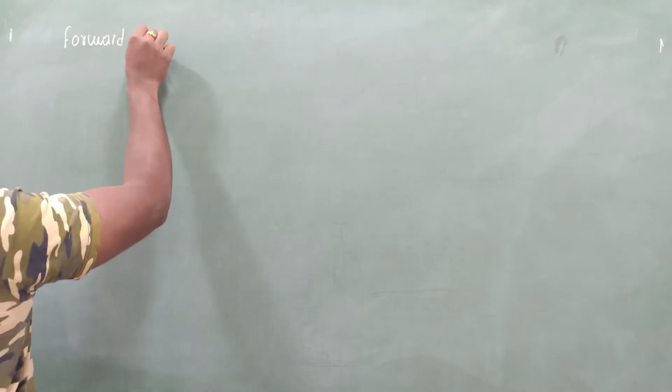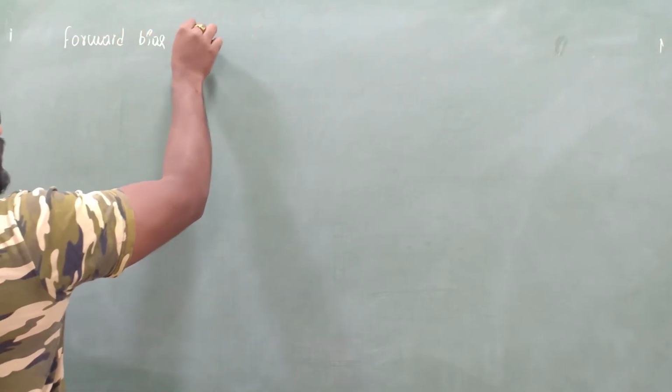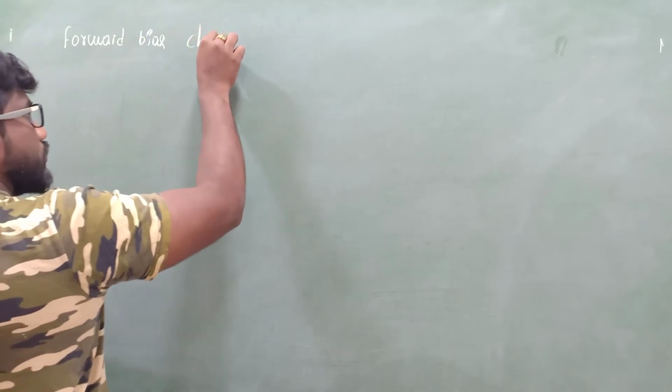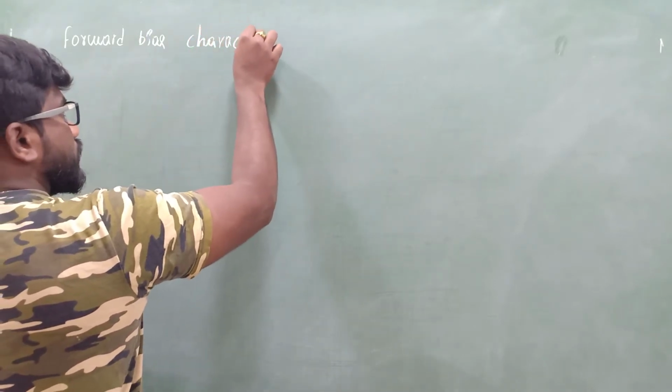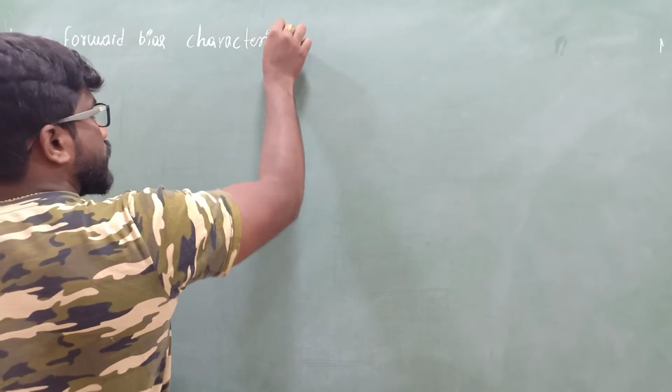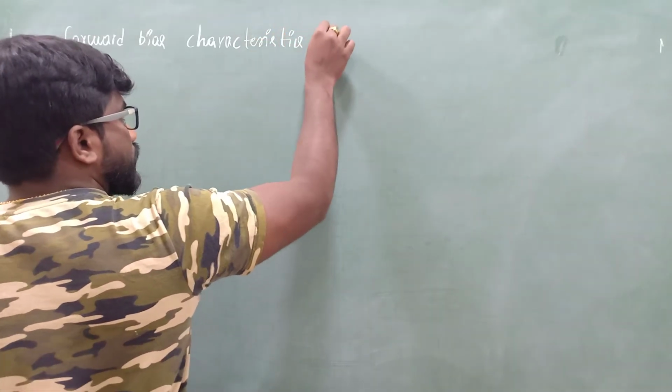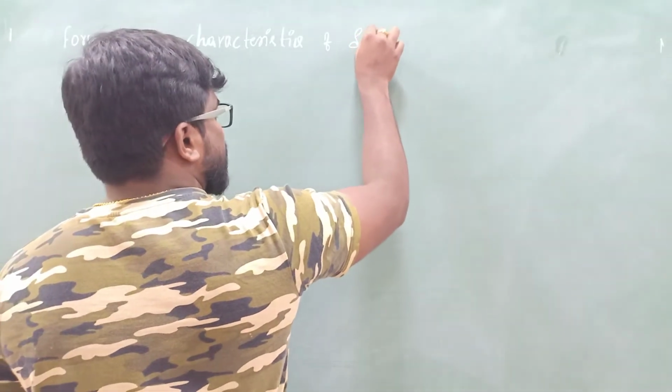The first one is the forward bias characteristics of the semiconductor diode.